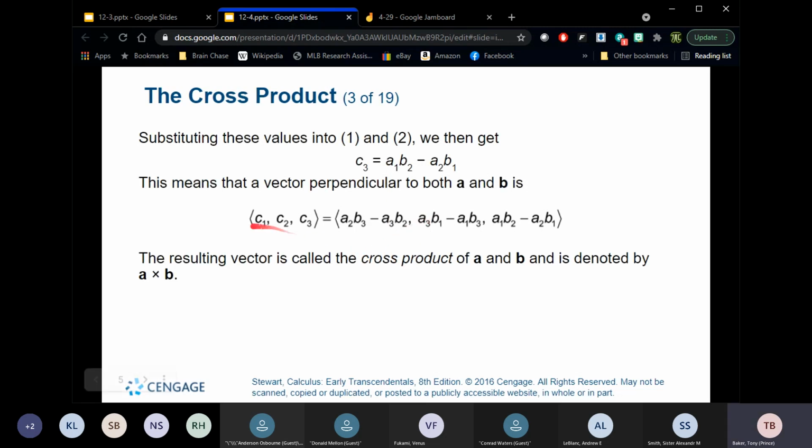So if you look, C1 is in essence A2 times B3 minus A3 times B2. So it's the two parts that are not the one. C2 is the third times the 1, and C3 is the 1 times the 2.